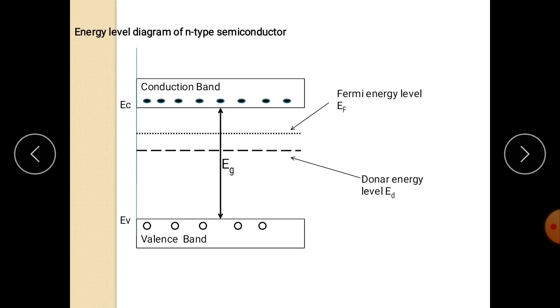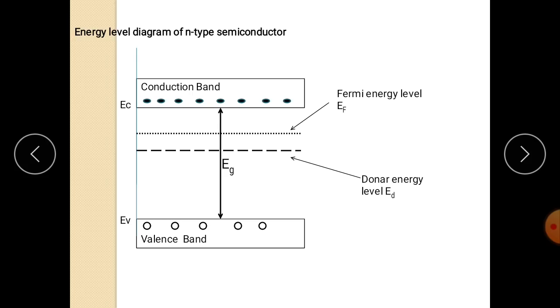The number of holes in the valence band is less as compared to the number of electrons in the conduction band, as the N type of semiconductor contains the pentavalent impurity atom. The electrons can easily jump into the conduction band, leaving positively charged immobile holes in the impurity atoms.